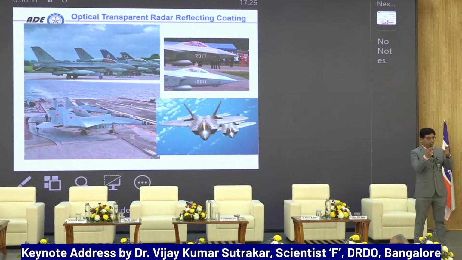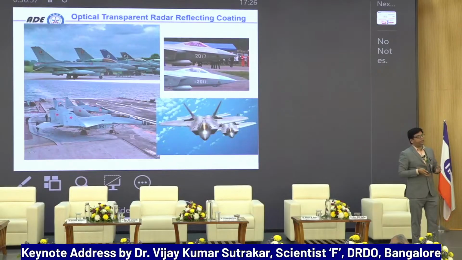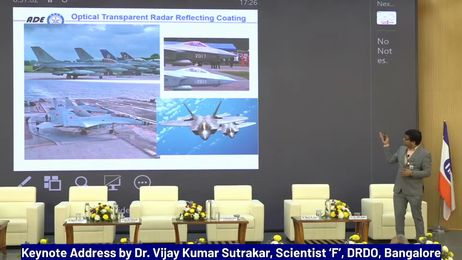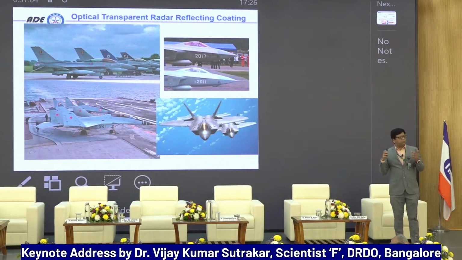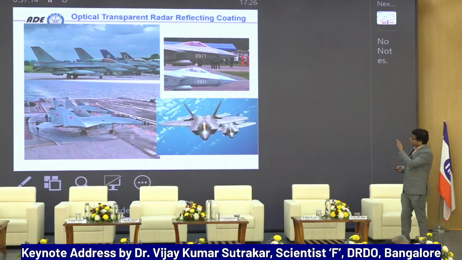But for my eyes it's optically transparent. There are different classes of material like gold coating, ITO, indium tin oxide, those coatings are available, which are coated onto those kinds of structures or the glassy structure to make them more reflecting, because otherwise that cockpit is a huge cavity. If it is not reflecting for the radar, it will be a cavity, it will throw a lot of signature. So this is another area where a lot of activities are happening.